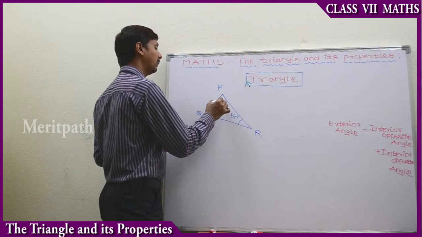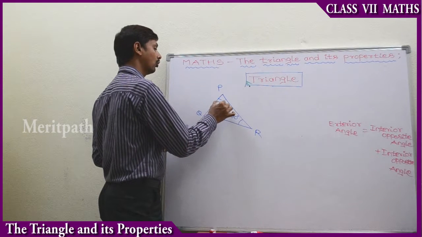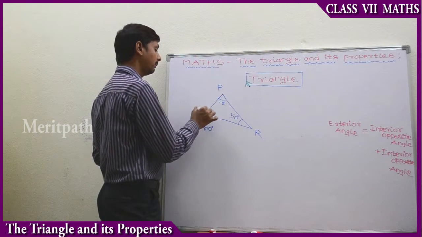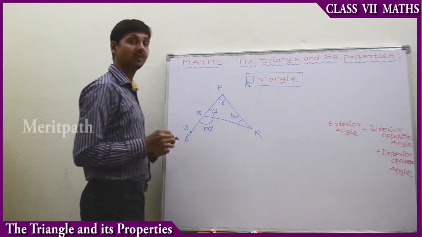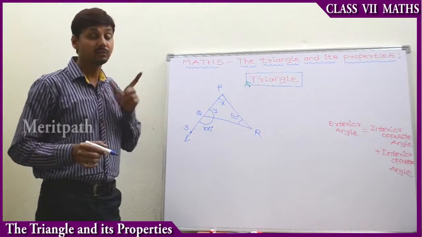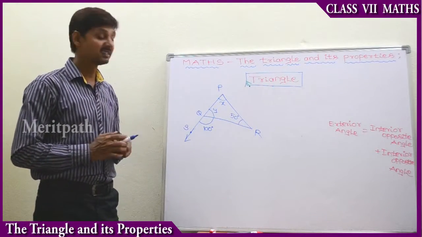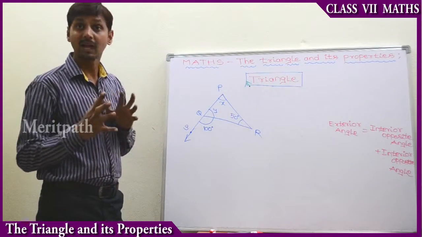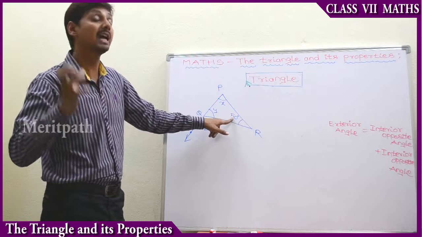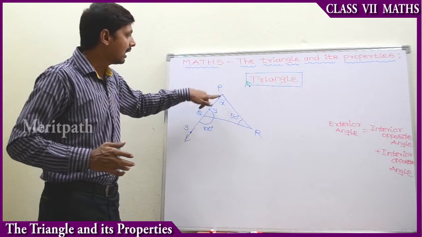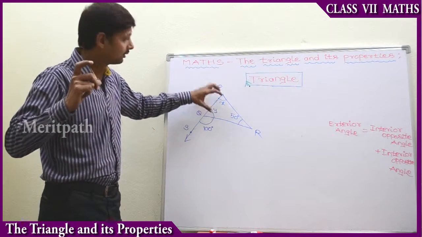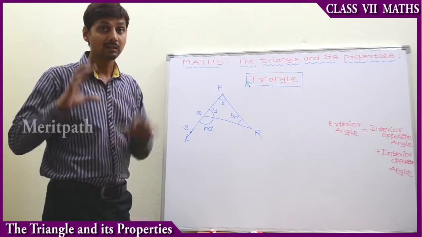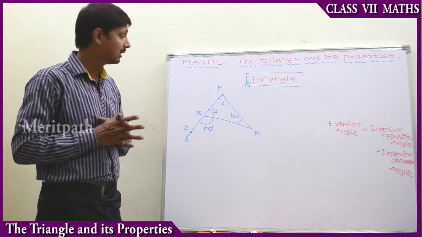Angle P is x, which we don't know, and this is Q, and angle PQR is y. We need to find out x and y. In this picture, an exterior angle and one interior angle of the triangle are given. We need to find the other two interior angles, that is, angle P and angle PQR.